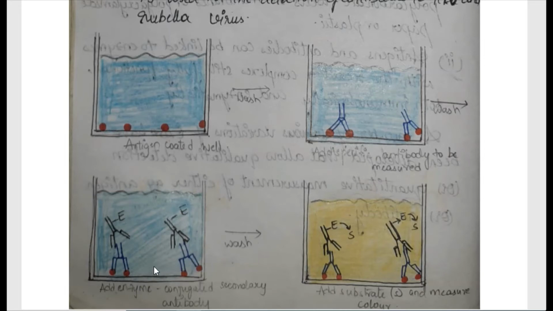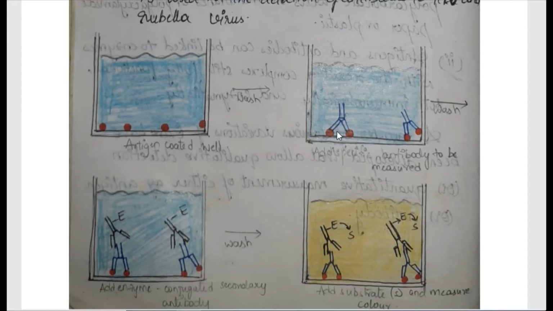To this antibody, we add another antibody which is conjugated with the enzyme, called the anti-antibody, which binds to the primary antibody. In between, we wash with the buffers, which will remove the free unbound components.